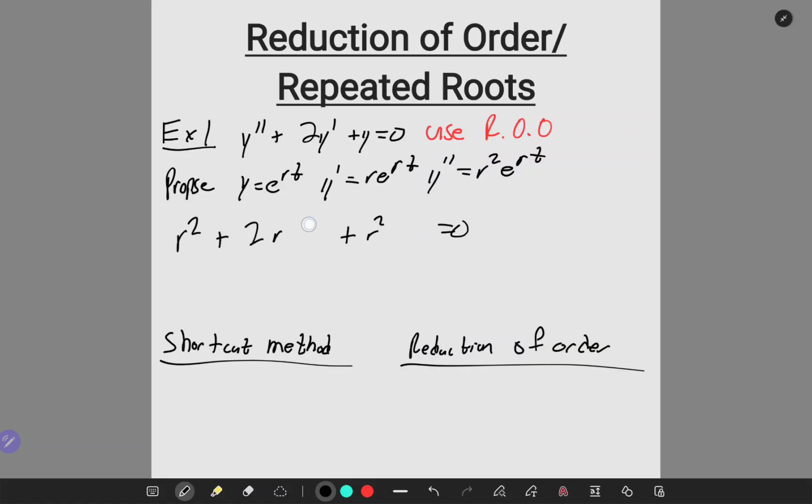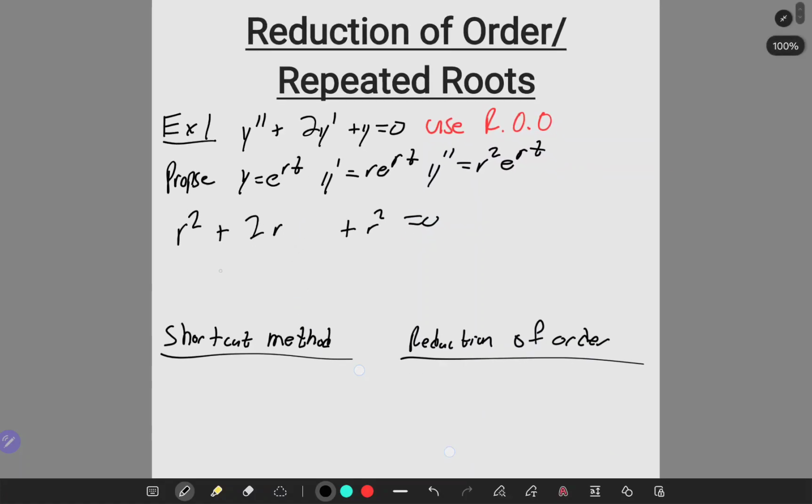Oh, and I cancel those out in my head, right? So this is it. Now this factors out very nicely, right? So then we know that r is equal to -1 with a multiplicity of 2.